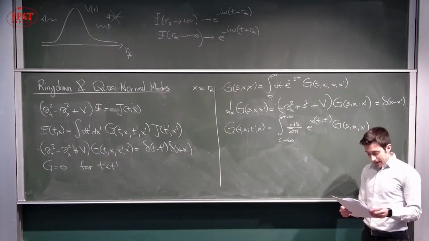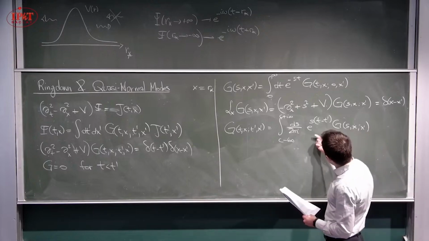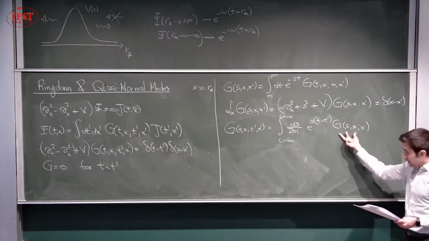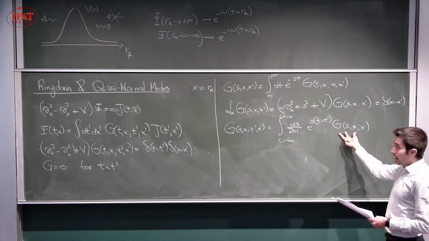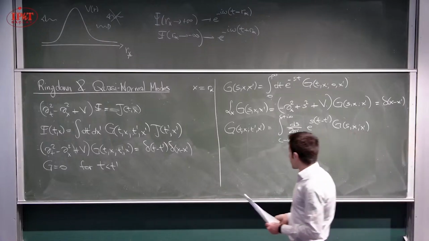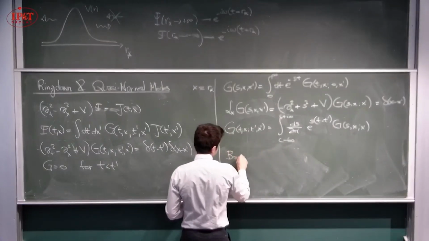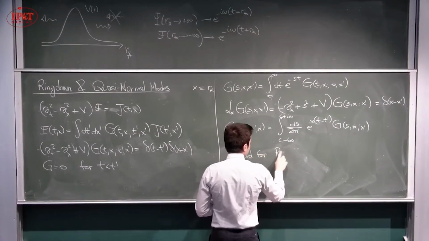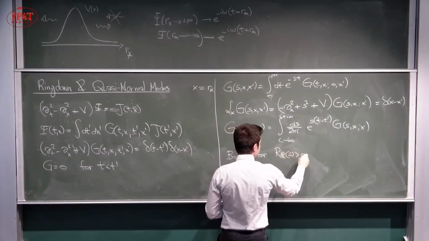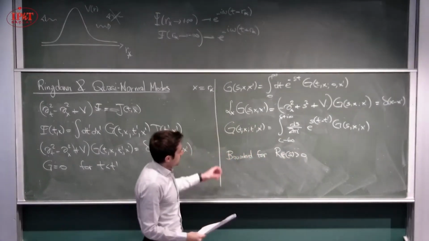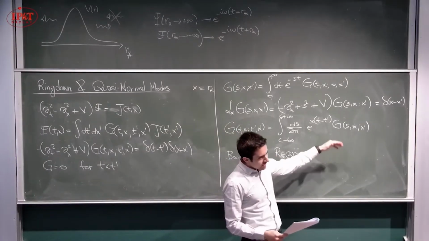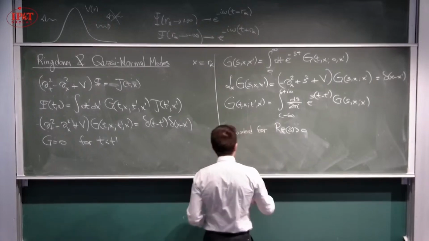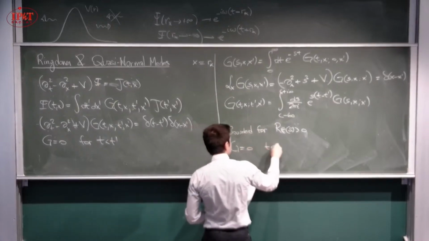We are going to ask that this G is bounded for the real part of s positive, in such a way that we can close the contour from the right, and the analyticity tells us that in fact this boundary condition is satisfied.